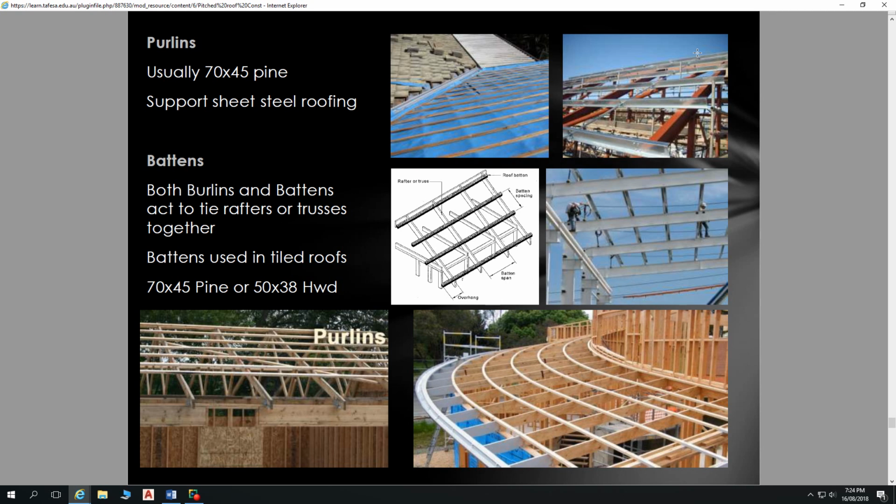And you probably notice, for those of you that get into the span tables in a timber framing code, now I'm not saying there's no difference, but typically you won't find a difference in span between your purlins and battens. So a 90 by 45 batten is likely to span the same distance as a 90 by 45 purlin.